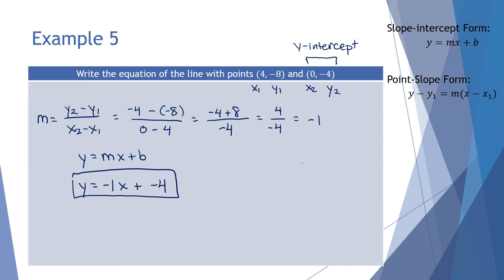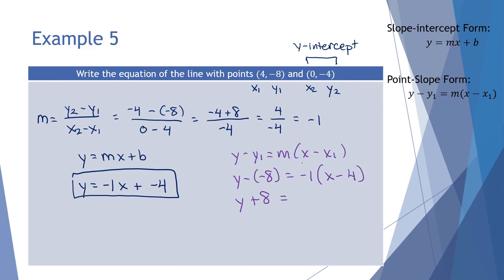Now, if you're curious, what would happen if you used point-slope form? Well, you'll get the same answer. So I'm going to do that in a different color. So I have y minus the y1, which is -8, so I have to have that in parentheses. m is -1, then x minus the x1, which is 4. So simplifying, subtracting a negative is adding, so that's y plus 8.